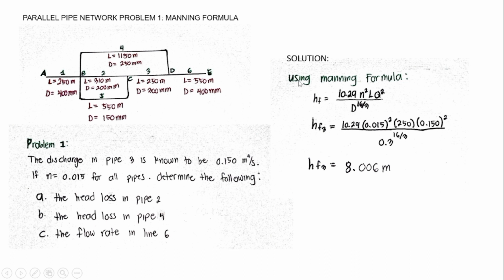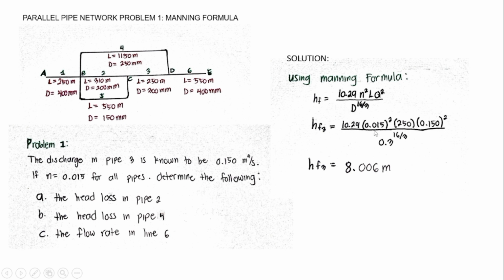Using the Manning formula, the major head loss is equal to 10.29 n squared L Q squared all over D raised to 16 over 3. Since we are given the properties of pipeline 3 and the discharge in pipeline 3, we can now solve for the major head loss in pipeline 3.